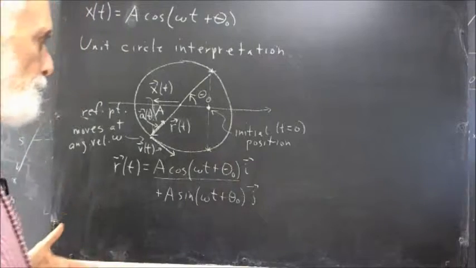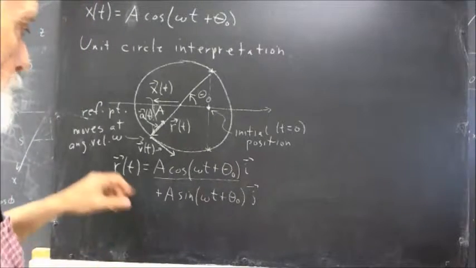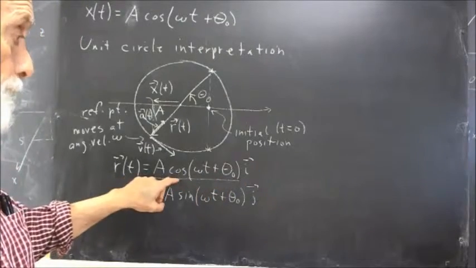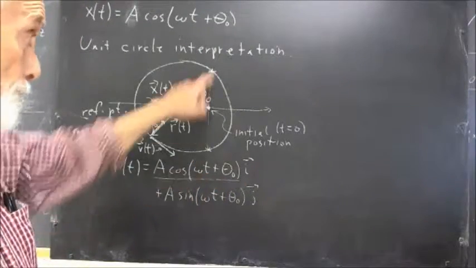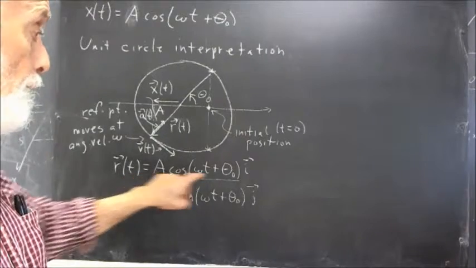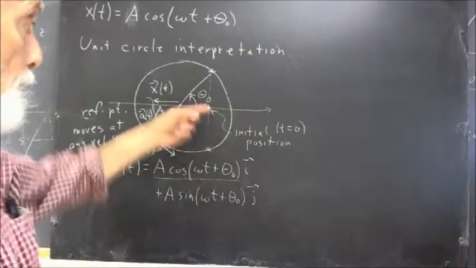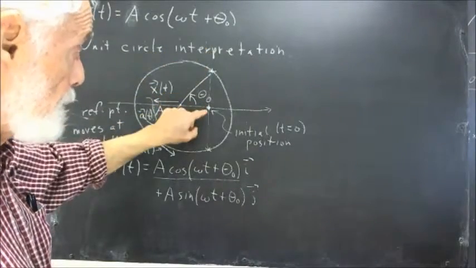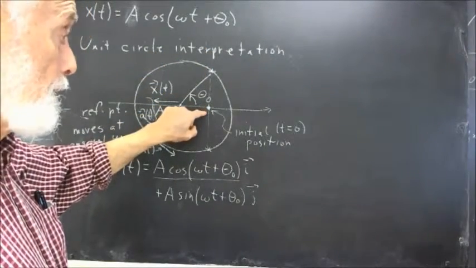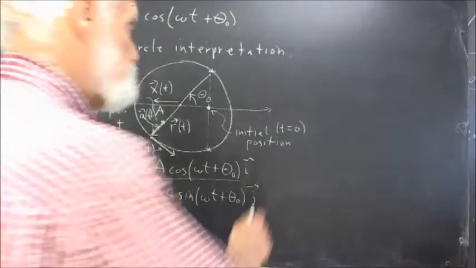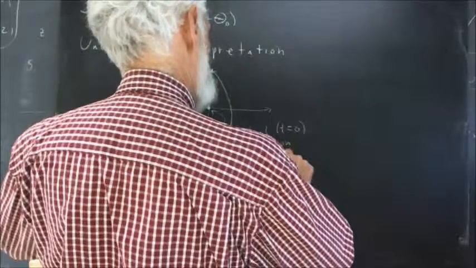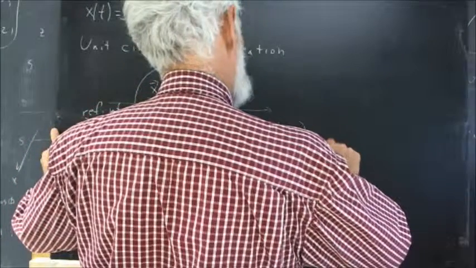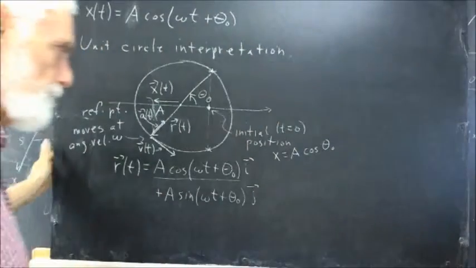So that at that point, the x component is A times the cosine. Well, t is 0 at the initial point, so it's going to be a cosine of theta naught. And what do you have? Well, you have length A here, you have angle theta naught. The projection is here. That's A cosine theta naught. So x equals A cosine of theta naught.